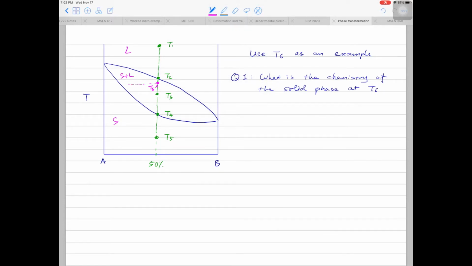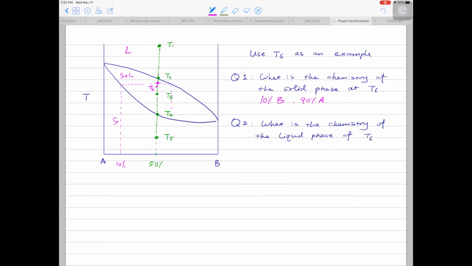From T6, we'll draw a horizontal line and let it cross the solidus line. Then read the composition corresponding to the solid phase. Here it's roughly 10% B, and from this we can tell the composition of the solid phase is 10% B and 90% A. The second question is, what is the chemistry of the liquid phase at T6?